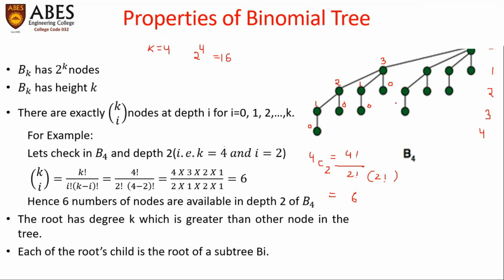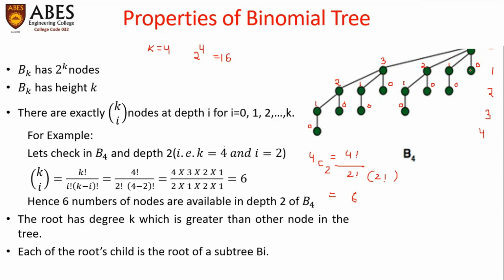Now we'll calculate for this one also. This degree is 0, this is 1, this is 0, and this is again 2, this is 0, this is 1, this is 0, and this is your 4. So the root has degree equal to k.